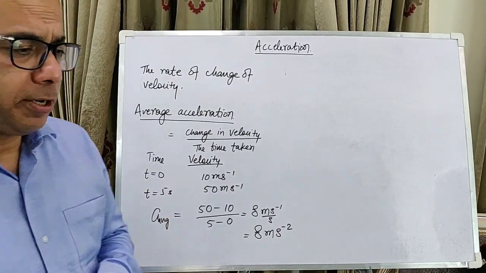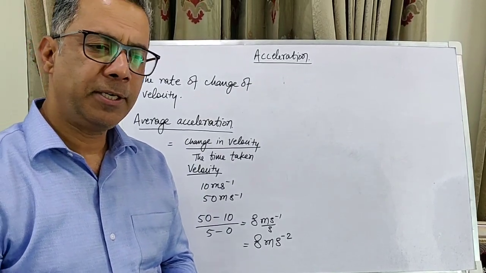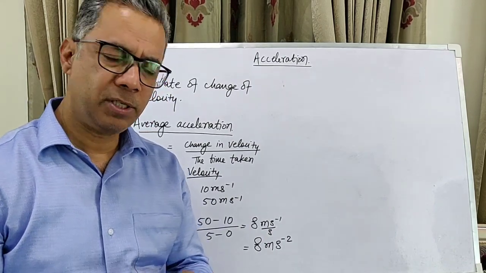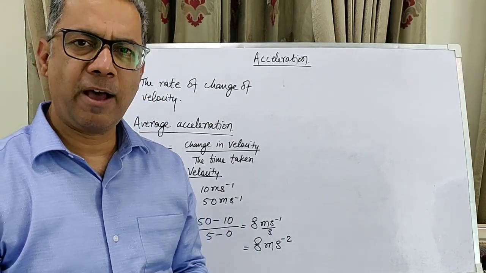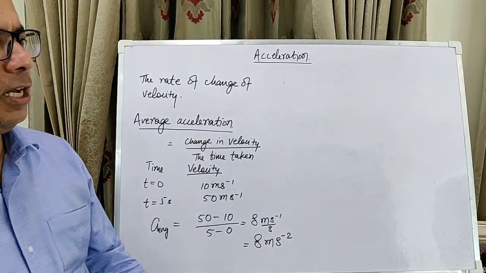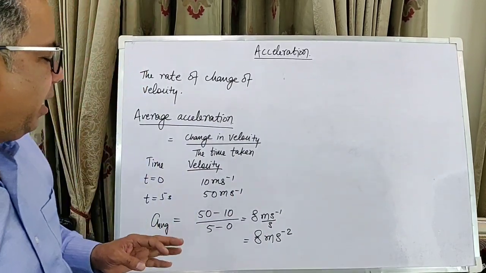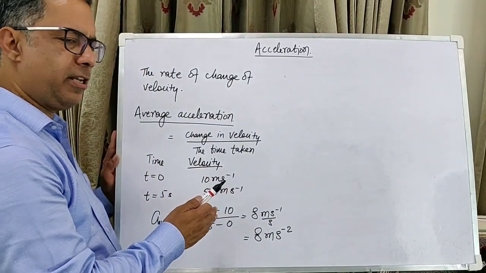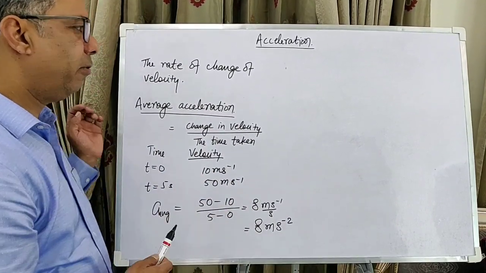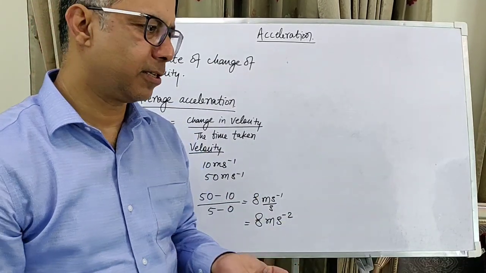Now, if you're interested in calculating acceleration at a given instant, like we did with the velocity, we first described average velocity, which was described over a large period of time, and then we described instantaneous velocity. Similarly, we will be defining instantaneous acceleration now. We've defined average acceleration over a large period. We will now describe instantaneous acceleration at an instant.